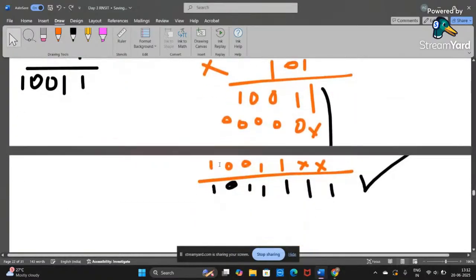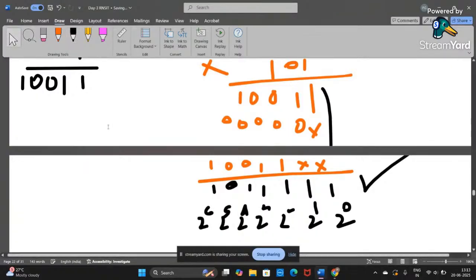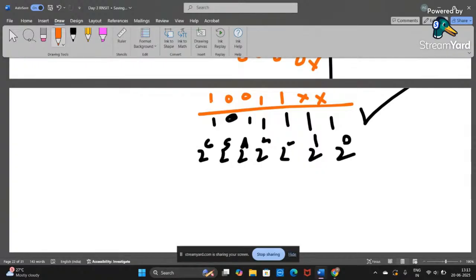Okay, we'll find the final answer, the decimal value of this. 2 power 0, 2 power 1, 2 power 2, 2 power 3, 2 power 4, 2 power 5, 2 power 6. And when you're multiplying with 0, this will be 0.